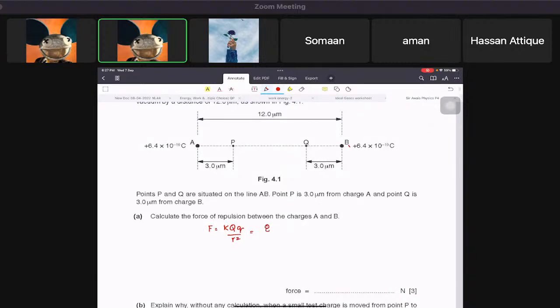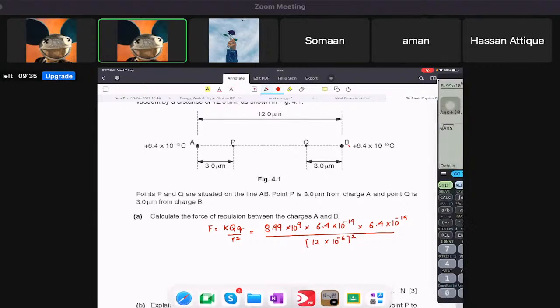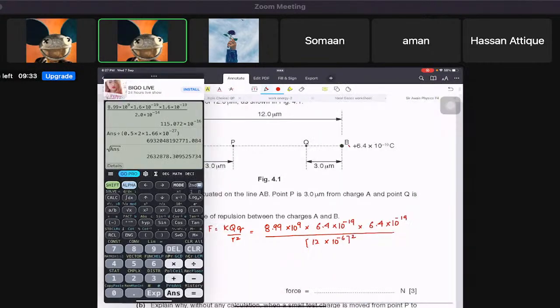So this will be 8.99 times 10 raised to power 9, the charge for the first one is 6.4 times 10 raised to minus 19, the charge for the second one is 6.4 times 10 raised to minus 19, divided by R, the distance between them, which is 12 micro. Micro is 10 raised to minus 6, and then whole squared. When you calculate this, it is a good idea to use the natural display calculator.